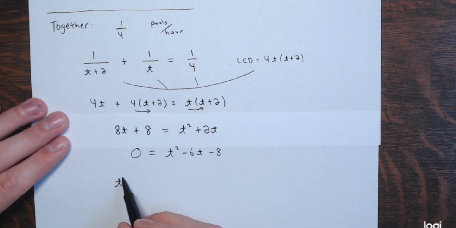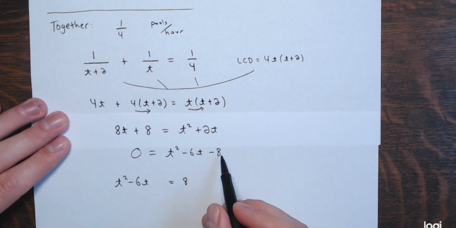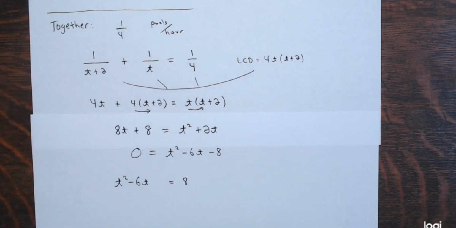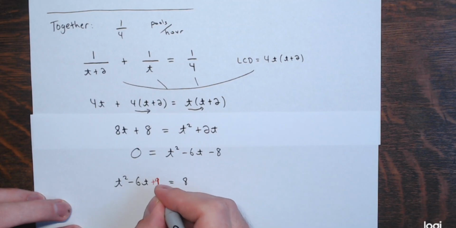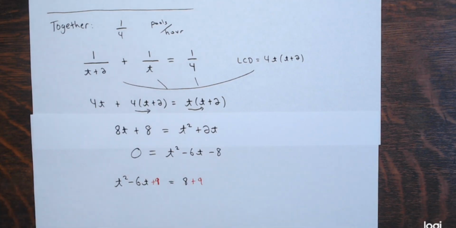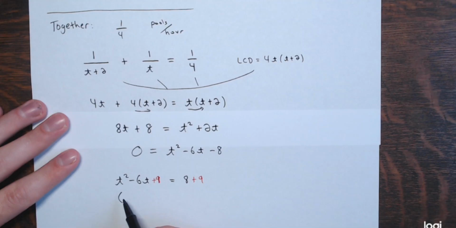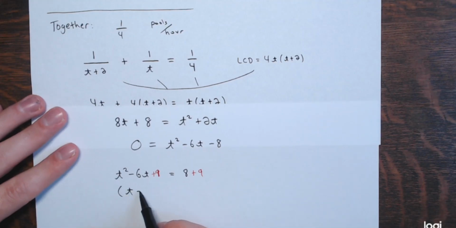This would be t squared minus 6t equals 8, right? Adding 8 to the other side. All right, and then we'll add 9 to both sides to complete the square. I hope you remember how to complete the square. This would be t minus 3 squared equals 17.